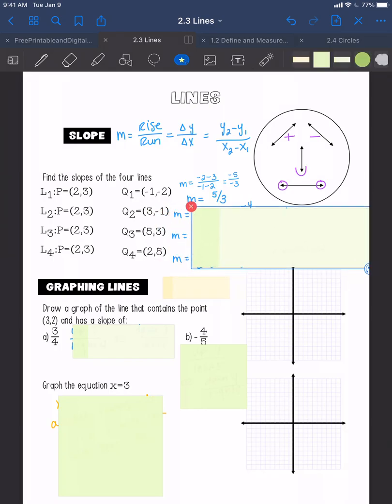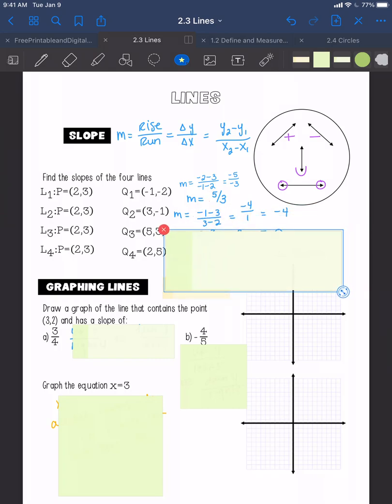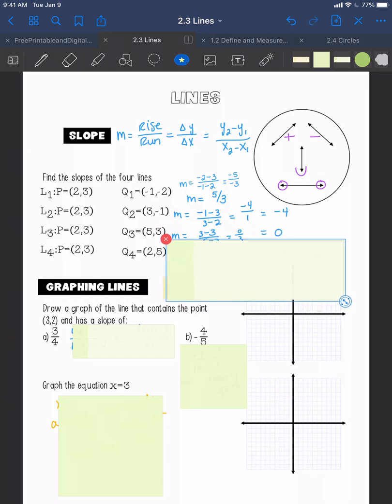So when graphed, it should look similar to that. For line 2, we're going to take negative 1 minus 3 over 3 minus 2, which is negative 4 over 1, which simplifies to negative 4. For line 3, we take 3 minus 3, that would be the change in the y's, over 5 minus 2 is the change in the x's.